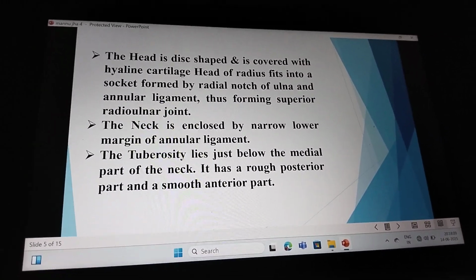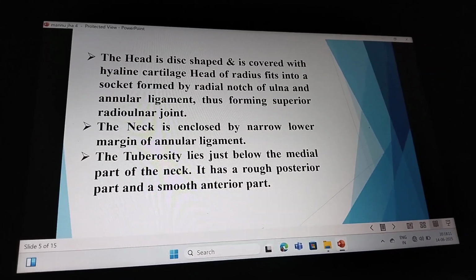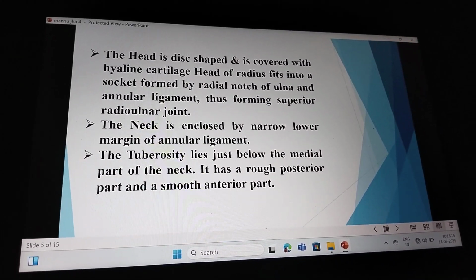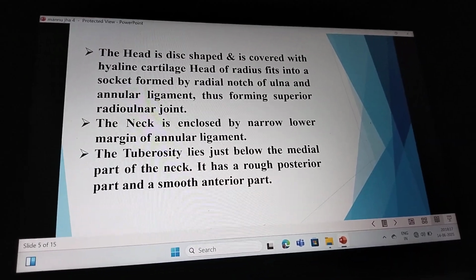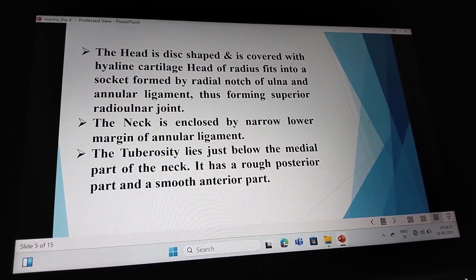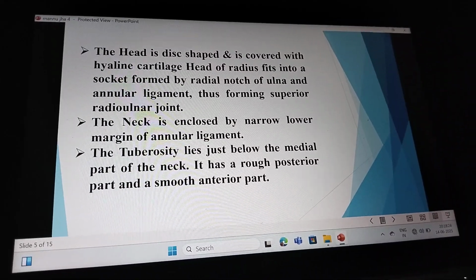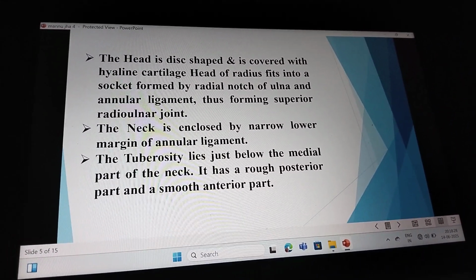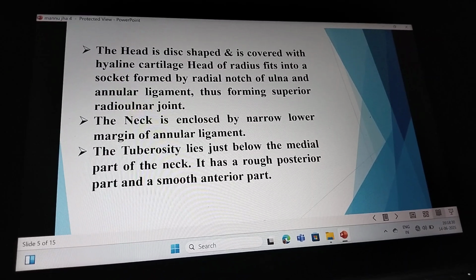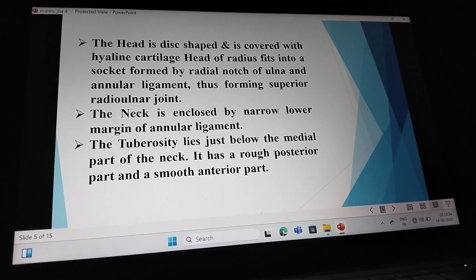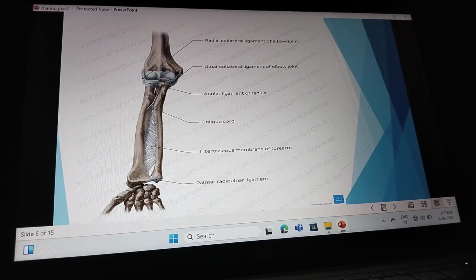The head of the radius fits into a socket formed by the radial notch of the ulna and the annular ligament, thus forming the superior radioulnar joint. The neck is enclosed by the narrow lower margin of the annular ligament. The radial tuberosity lies just above the medial part of the neck. It has a rough posterior part and a smooth anterior part.